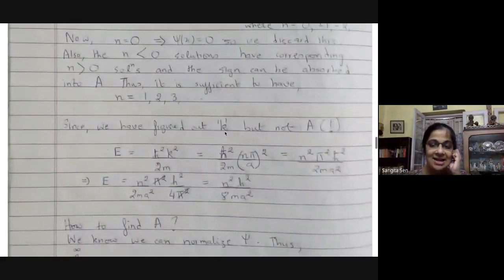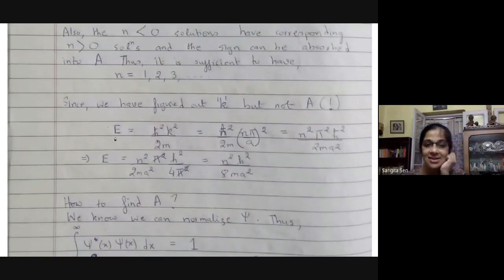And this also means that the energy, which is given as an expression in k, also turns out to be discrete. So this is a very distinct feature of the particle in a one-dimensional box, that you have discretized energy values, unlike the free particle which has a continuous energy distribution. And this simply comes from one of the boundary conditions, that you force the wave function to disappear at a certain point.